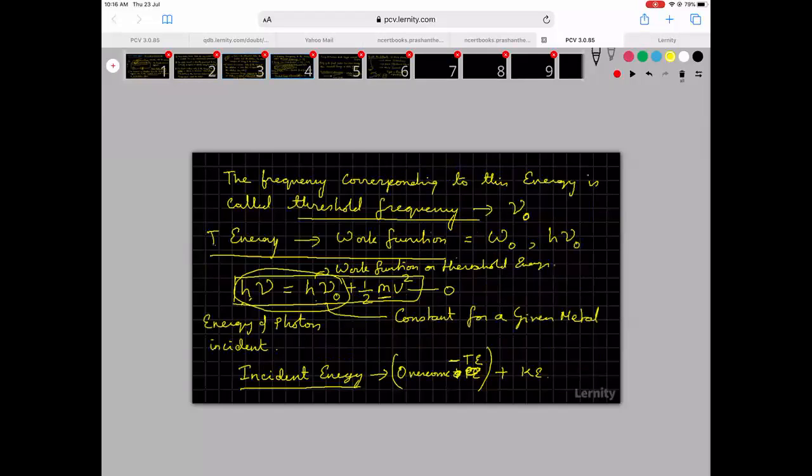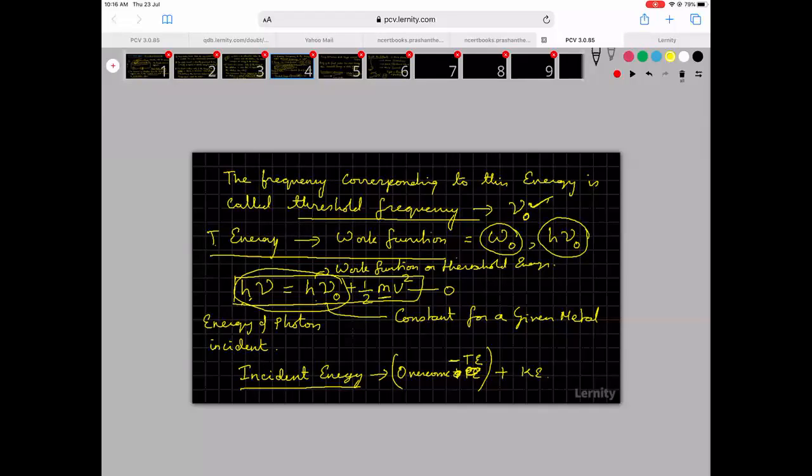Then this is the fourth slide. I'm not going to show these slides again. The frequency corresponding to this energy is known as the threshold frequency. If it is the threshold energy, it is equal to W naught, the work function. Also, you can say h nu naught. From yesterday we learned that h nu is equal to h nu naught plus half mv squared.